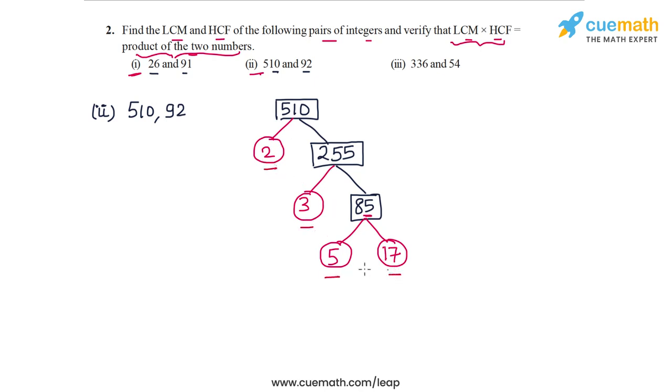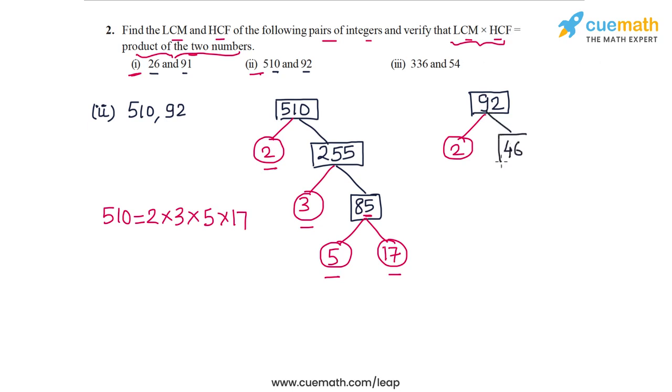So let's write that down. 510 is 2 into 3 into 5 into 17. Now let's do the same exercise for the second number, which is 92. So let's build a factor tree for 92. 92 is even, so let's take out a factor of 2 and that will leave us with 46.